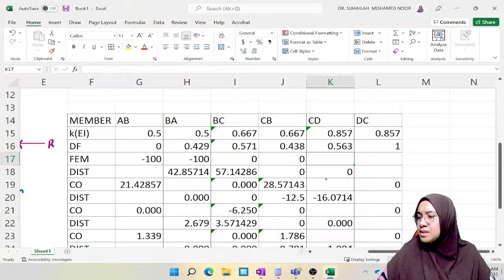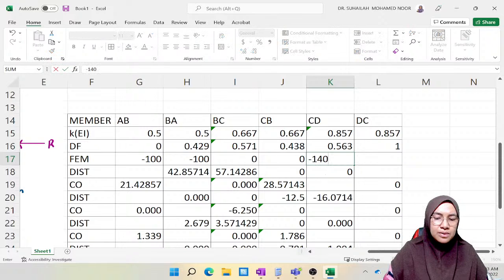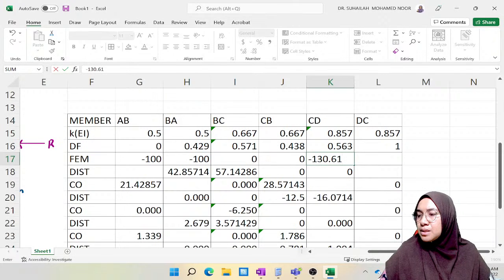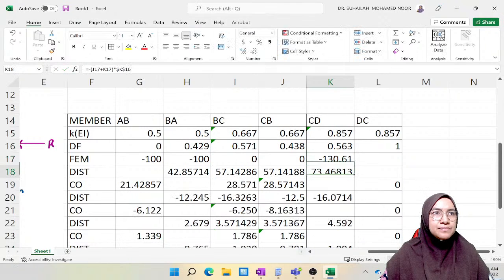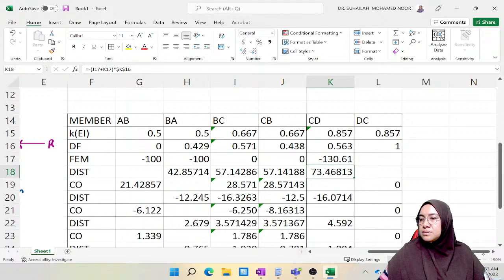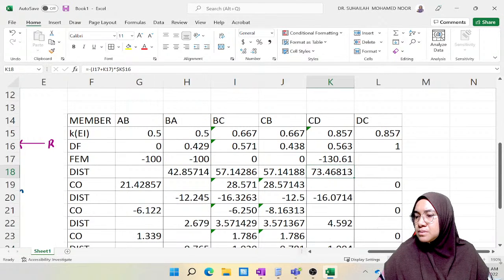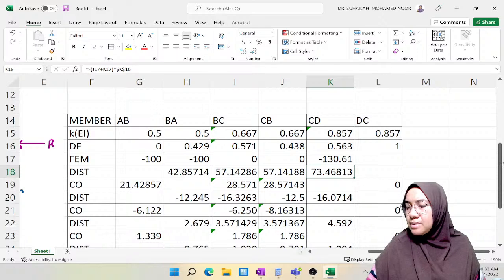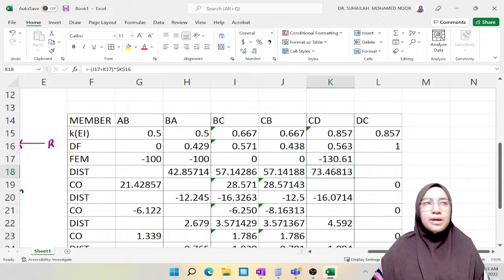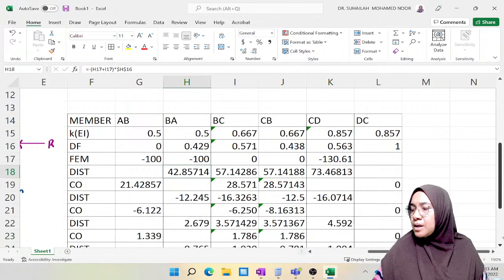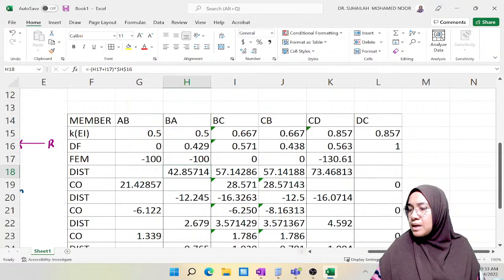It is negative 130.61. So actually we can recheck whether it calculates the right answer.